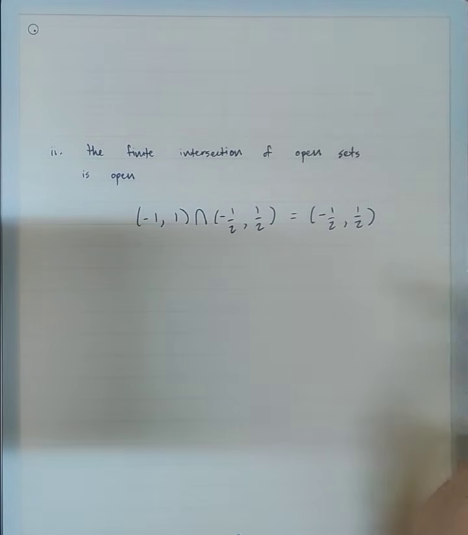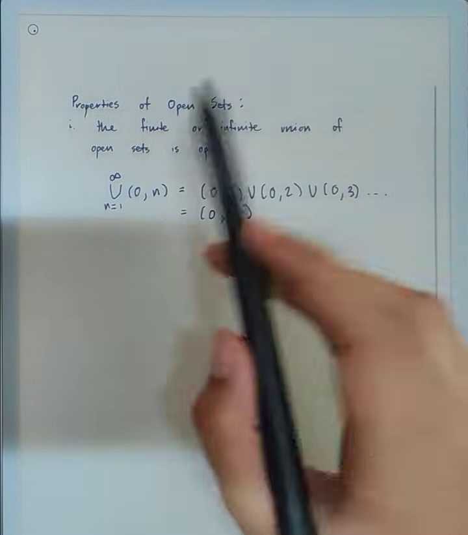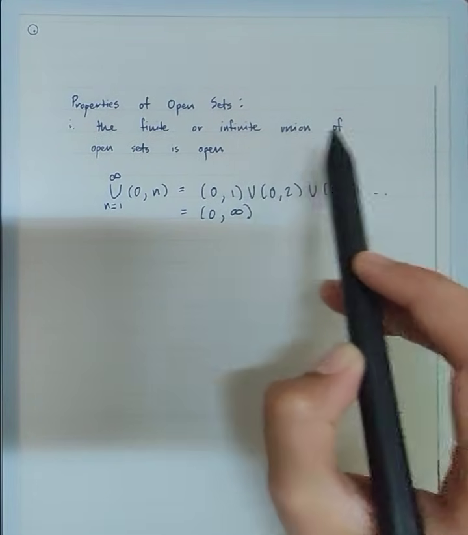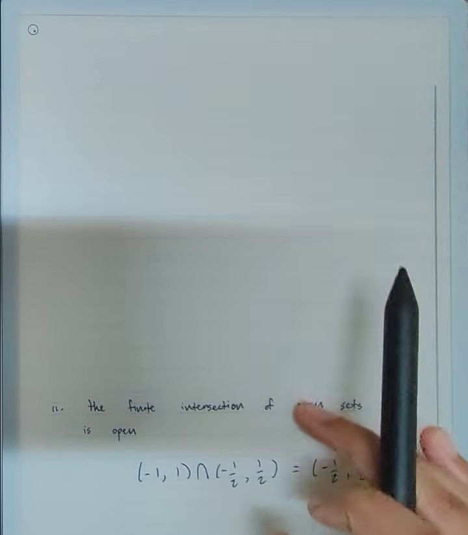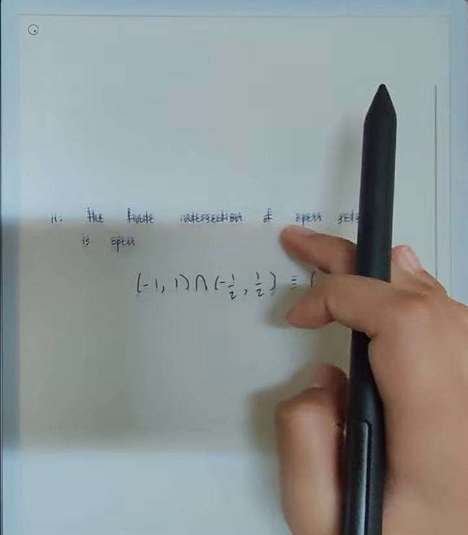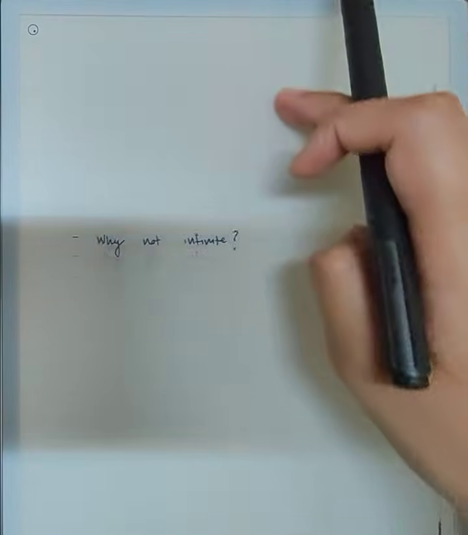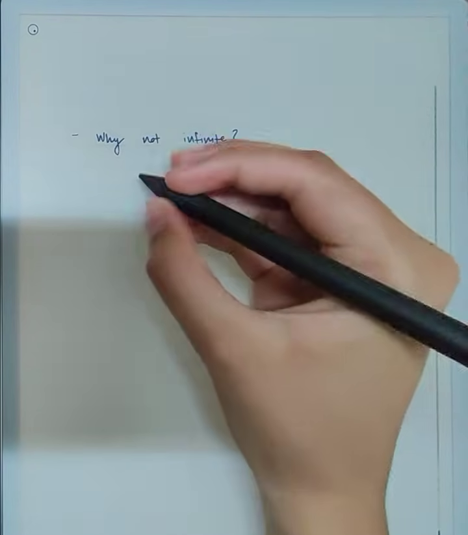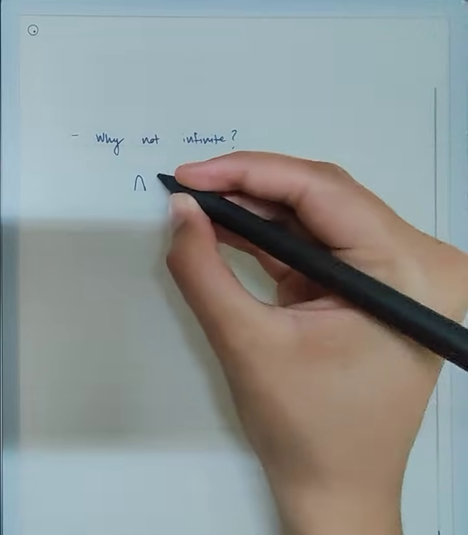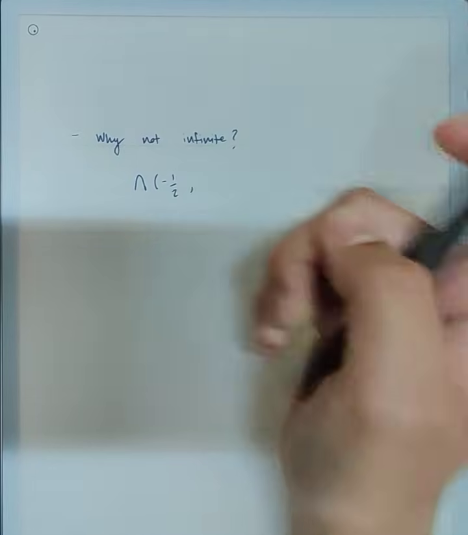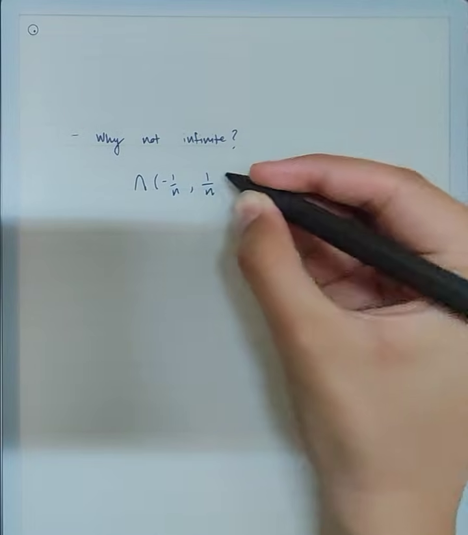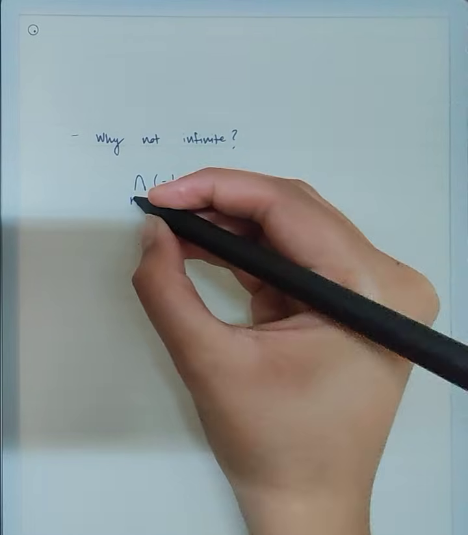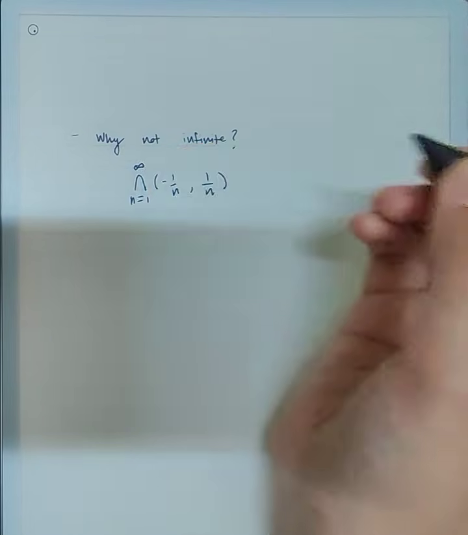So you might be asking, well, Shreya, in the previous property, we said both the finite or infinite union of open sets is open. Why doesn't that hold for intersections? We can show this using a counterexample. So let's take the infinite intersection of (-1/n, 1/n), where n goes from 1 to infinity.